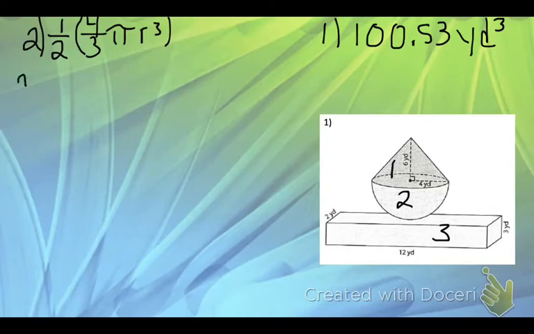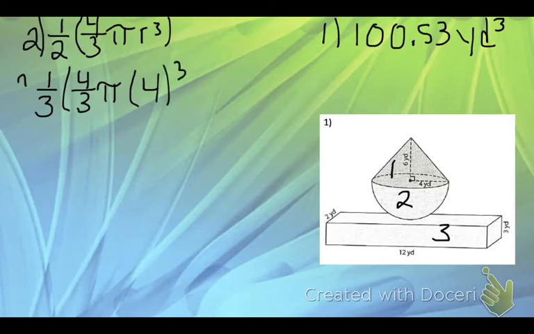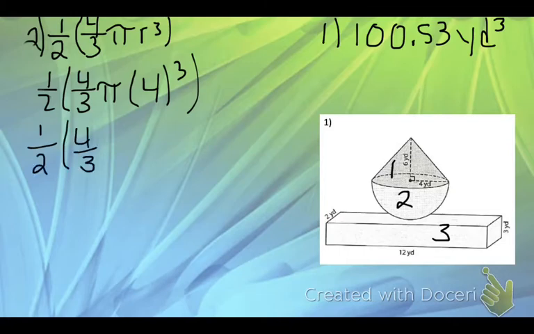So I plug everything in. I'm going to keep that half, keep the 4/3, keep the pi, and then my radius is the same as before. It's that 4 cubed. Why did I put a 1/3 out there? That's supposed to be a half. Keep working. So keep the half, keep the 4/3 pi. 4 cubed is 64, I want to say.